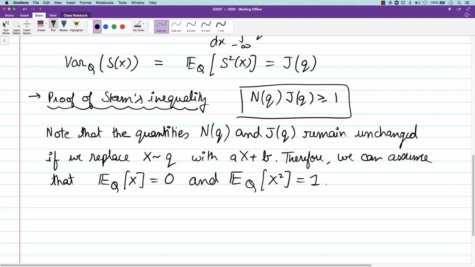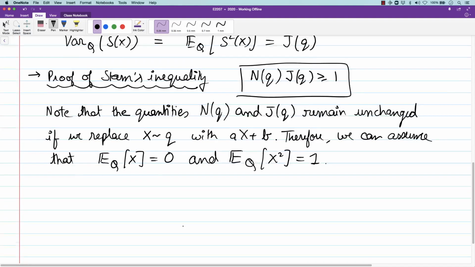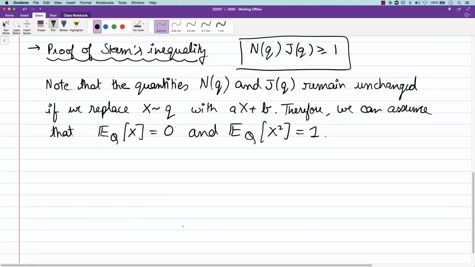We can assume that because this is finite, and we only want to show it for the finite case. That was the assumption throughout. We can normalize by the second moment to make it unit second moment, and also translate to make it zero mean. So from here on we'll proceed with these assumptions.